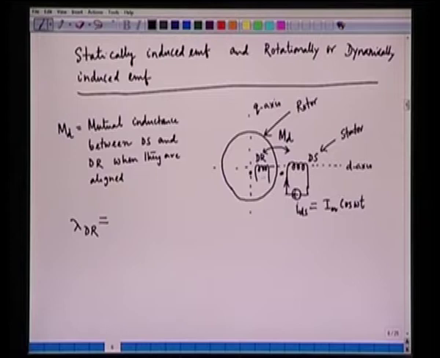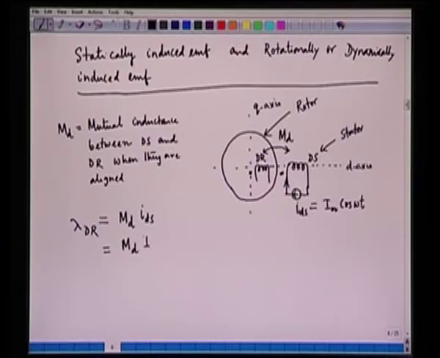So we are finding out the flux linkage in the rotor due to the D axis stator current, and this flux linkage is given as MD, the mutual inductance between the rotor and the stator when they are aligned, and the current in the stator is IDS. So MD into IDS, and that's equal to, what is IDS? IDS is Im cos omega t.